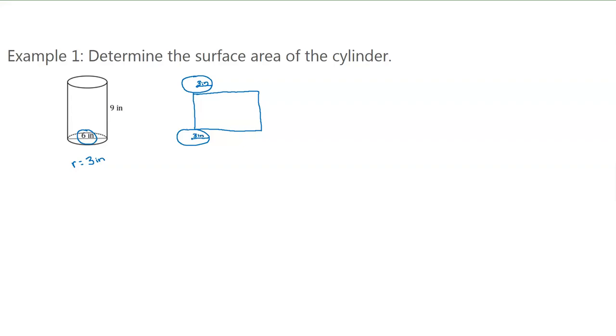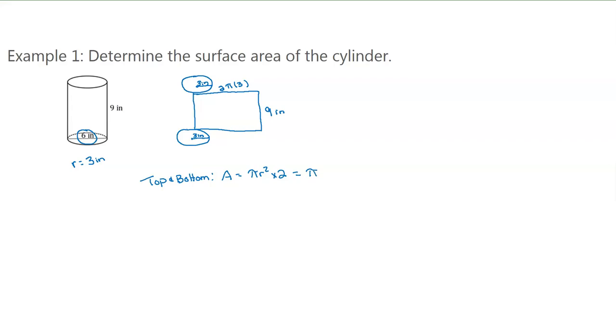Now for the rectangle, we know the height is 9 inches. And then the width we know is 2 pi r. So 2 pi, and then the radius is 3. So now let's go ahead and find the area of the top and the bottom, which are circles. So the formula is pi r squared, but then we times that by 2, because we're doing top and bottom together.